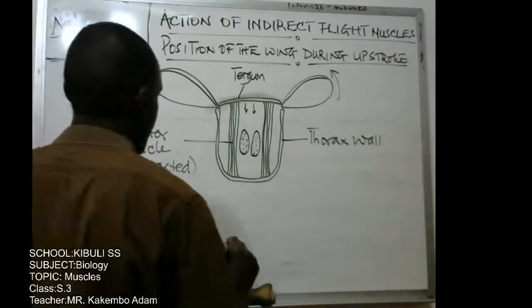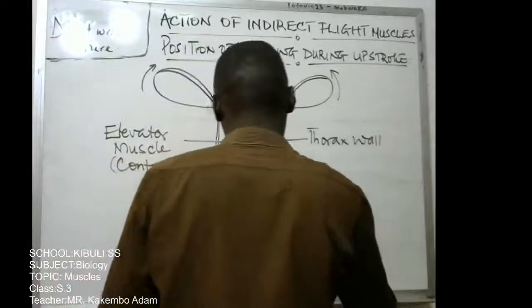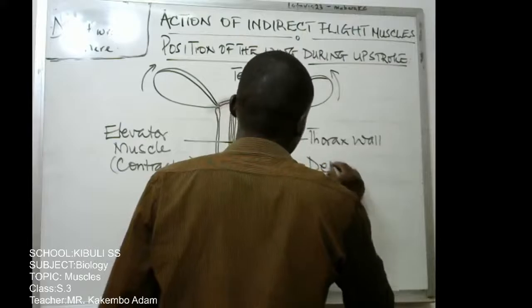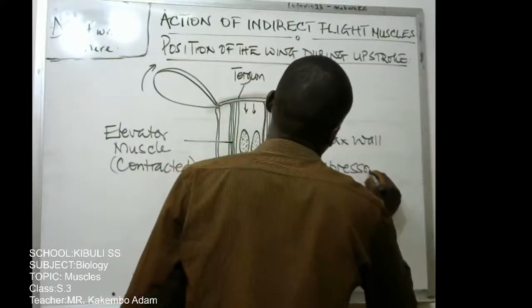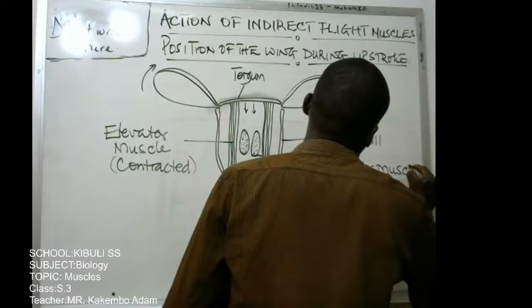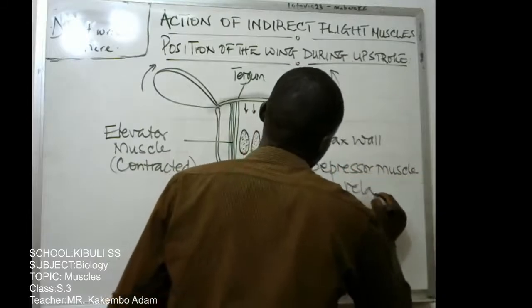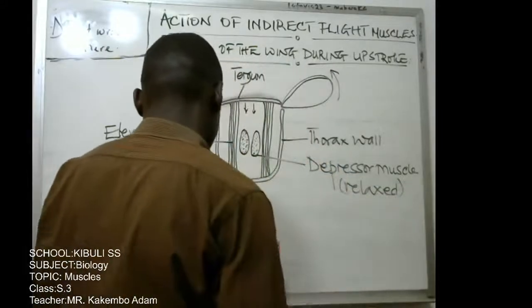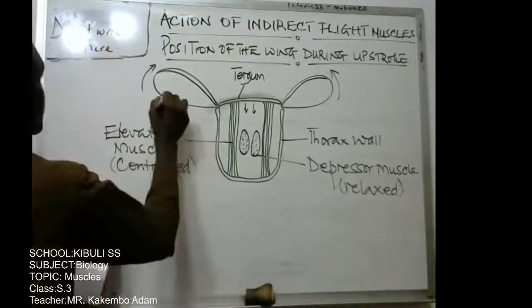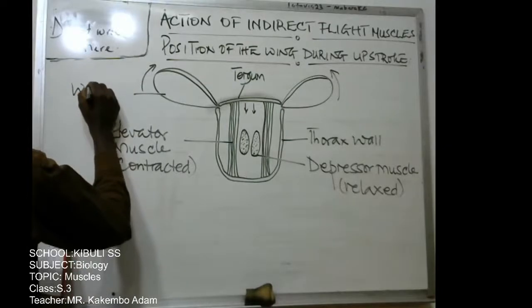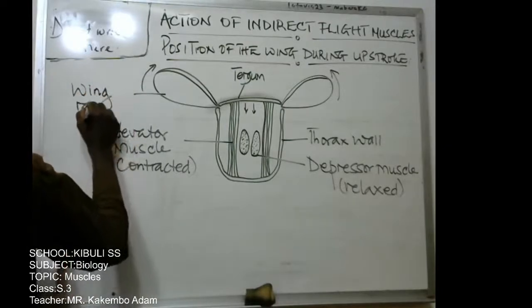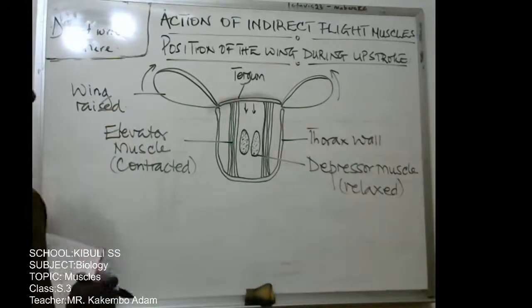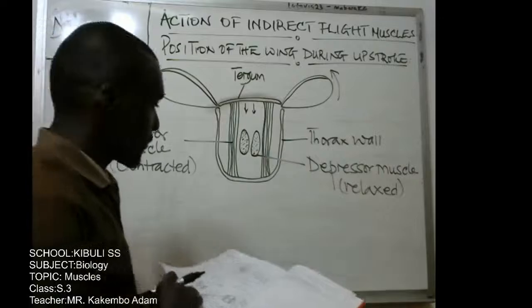When they are contracted, then you have the depressor muscle in a state of relaxation. So that is during upstroke.